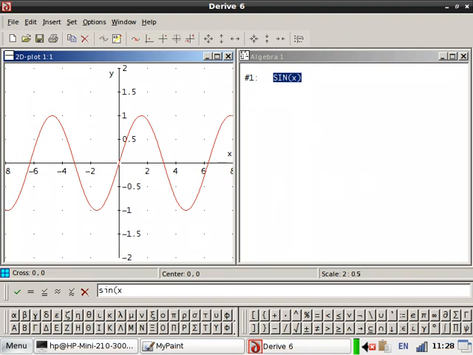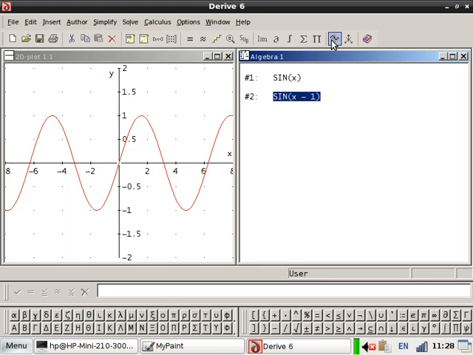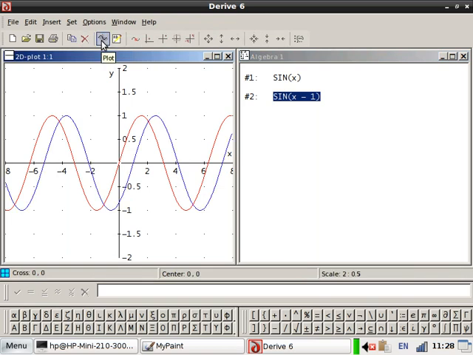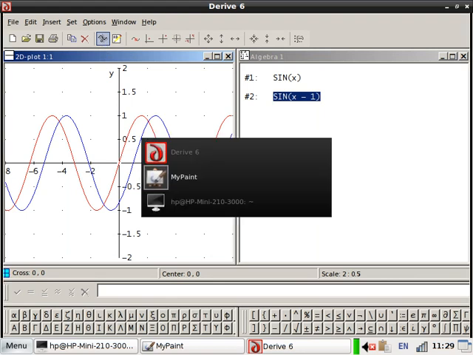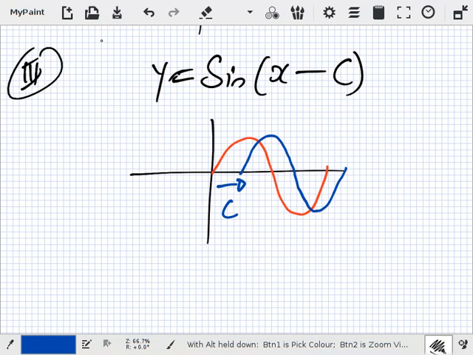Sine x minus 1, we'll say. Radians, this is radians. So it's moved to the right.